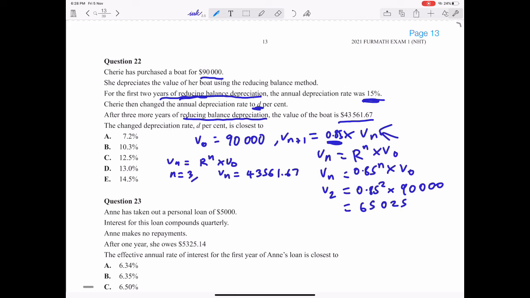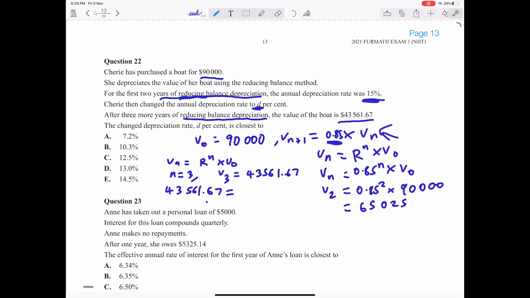I don't know if that's a bit confusing, but we're just subbing Vn, that's the value of Vn after 3 years. So we're subbing the value of V3. My bad, because we know that the value 3 years after is 43,561.67. So sub that into the equation.